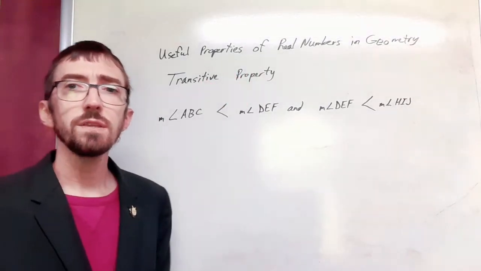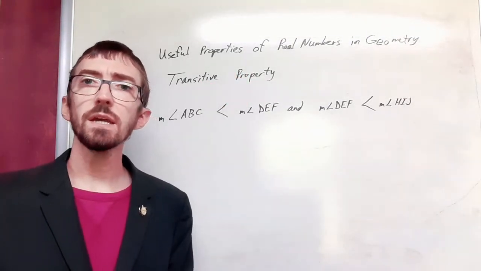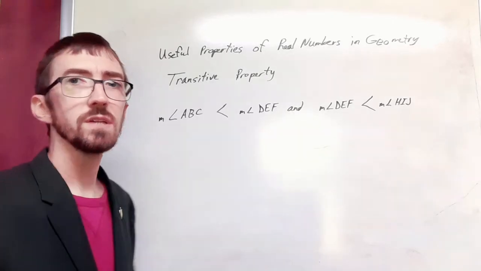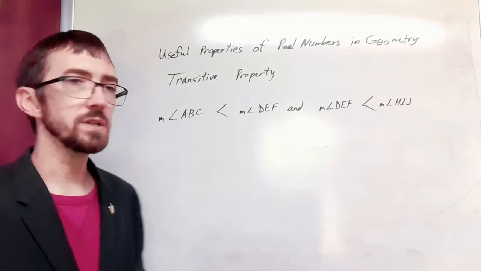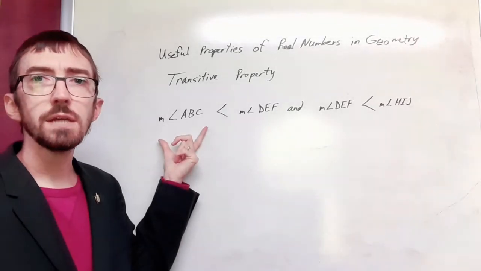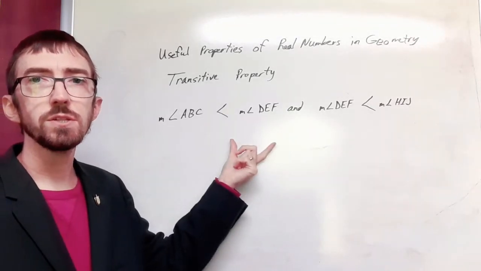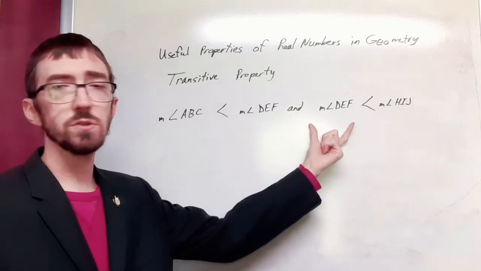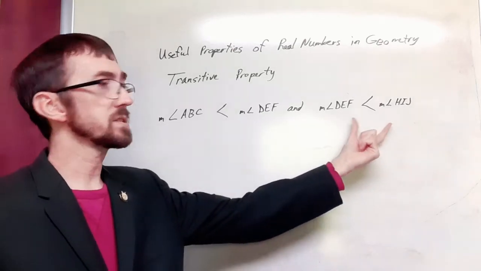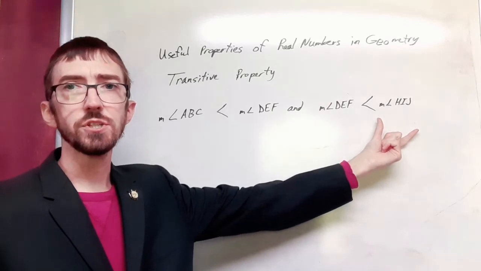We can also bring this into geometry to make it a useful property to us. I have an example with the measure of angles for us to look at. I have the measure of angle ABC is less than the measure of angle DEF. And I also have the measure of angle DEF is less than the measure of angle HIJ.